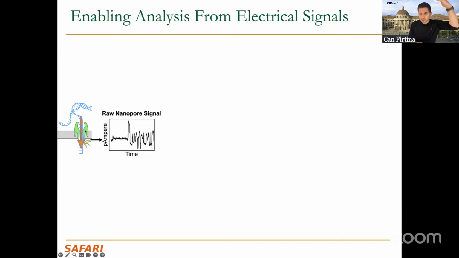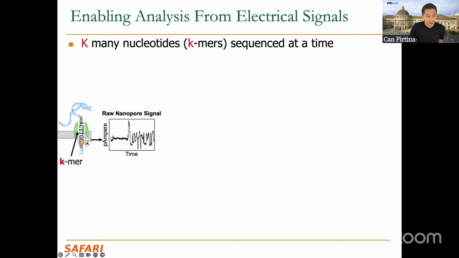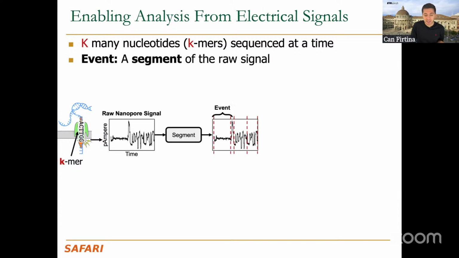But then the DNA will shift by one base, right? Maybe a new base will come in and another base will go out of this nanopore. Maybe just to repeat again, we have these 6 bases, and these are referred to as k-mers, and these are sequenced at a time.